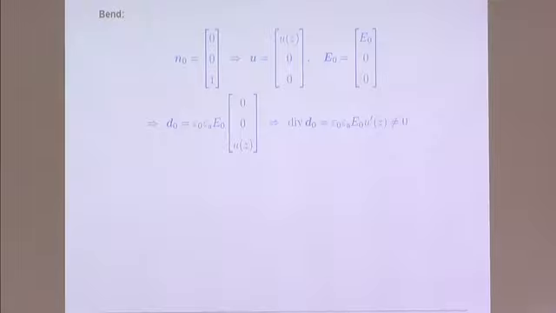If I plug this into my formula for D naught, and I'm skipping the details this time around, I get a vector that looks like this. Constant, constant, constant times the u of z that used to be up here but got moved down there through the algebra of the tensor applying to the E naught.